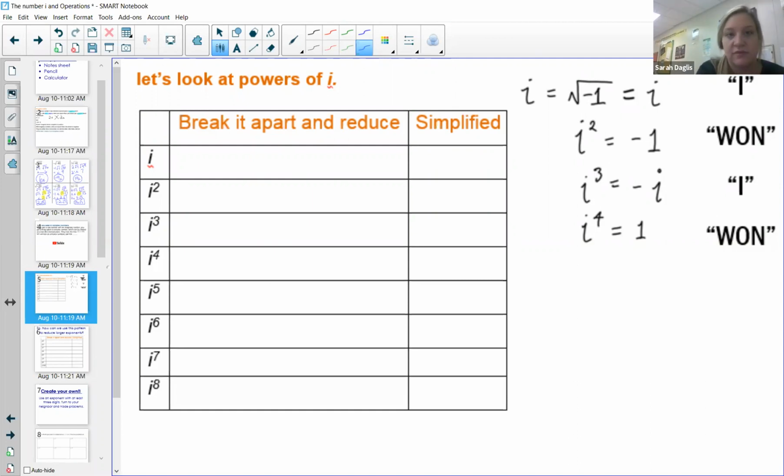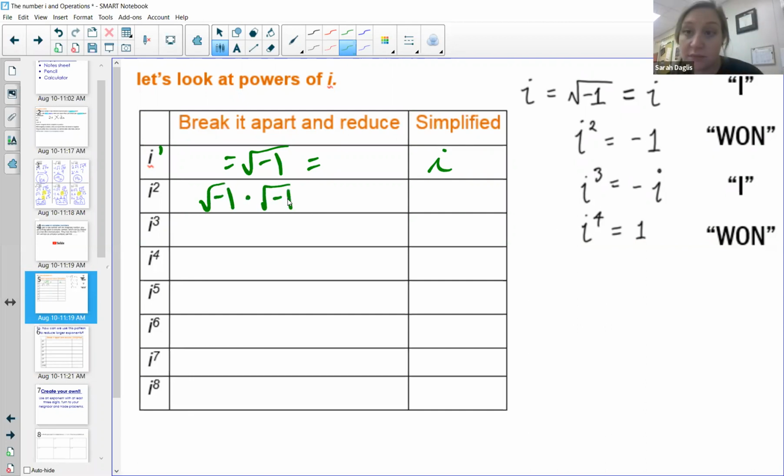So if I give you just i, well, we know i is equal to the square root of -1, so it's simplified as just i. That's like saying i to the first power, and anything to the first power is just itself. i squared is saying the square root of -1 times the square root of -1.